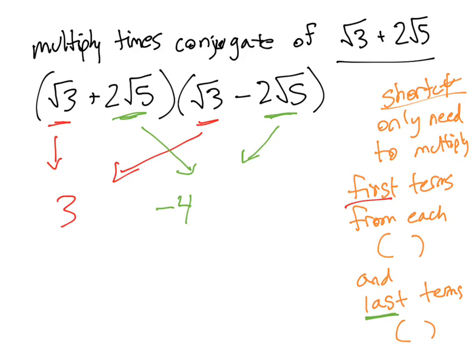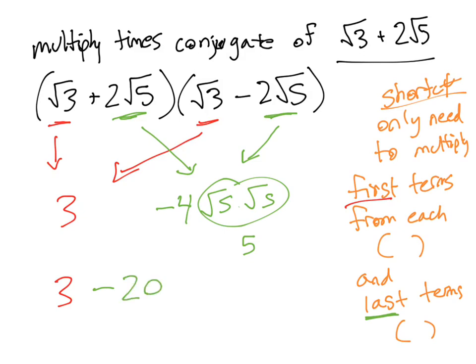And we also have square root of 5 times square root of 5, but by definition of the square root, that is equal to 5. So this gives us 3 minus 4 times 5, which is 3 minus 20, which gives us negative 17.